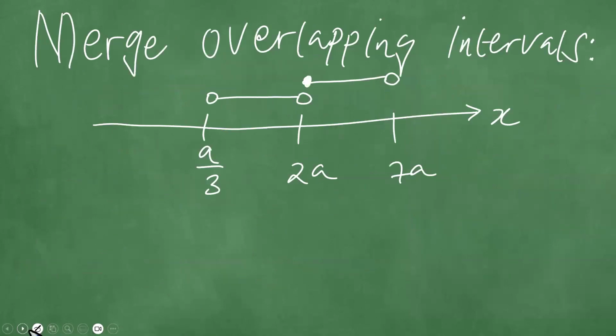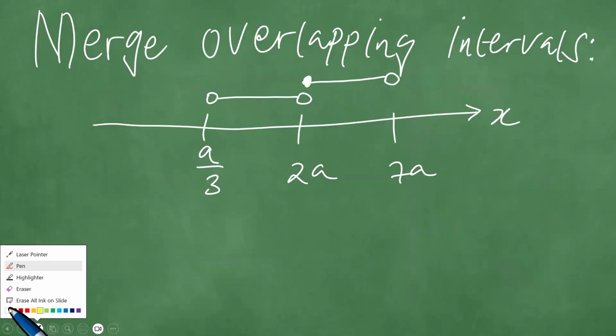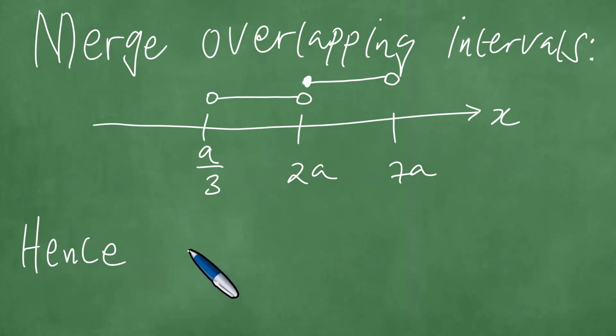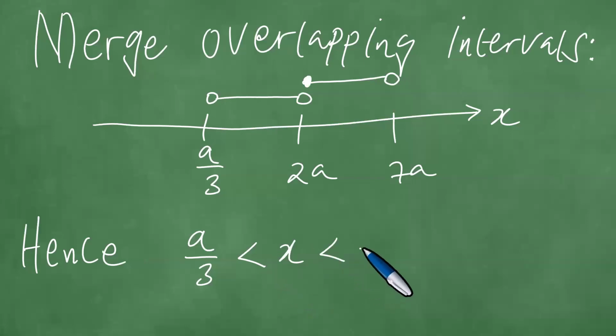Right, so if we're saying it is either this or that, it therefore means we can say hence the solution is that we have a over 3 less than x less than 7a. It's either this or that.